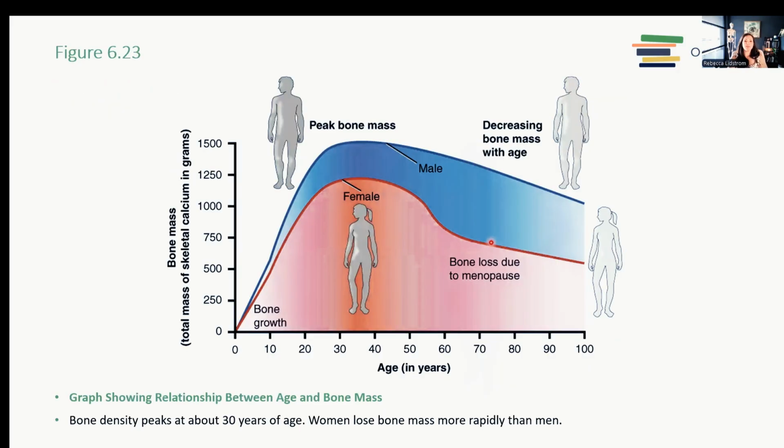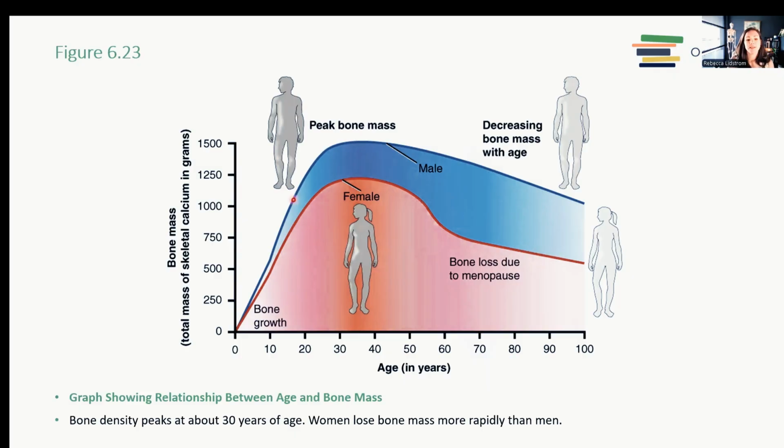So if we look at the density of bones, we see that the highest peak of density for both males and females happens around the age somewhere between 20 and 30. And after 30, 40, we have this plateau. And after that, we start decreasing our bone density with age due to just age in general. And you see a significant loss in women during menopause.